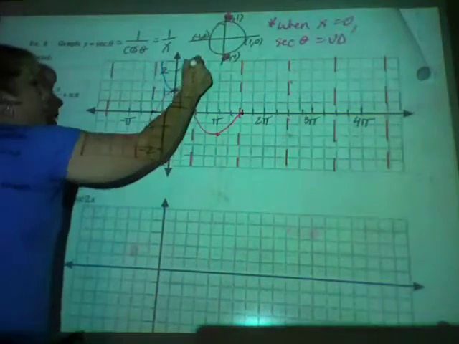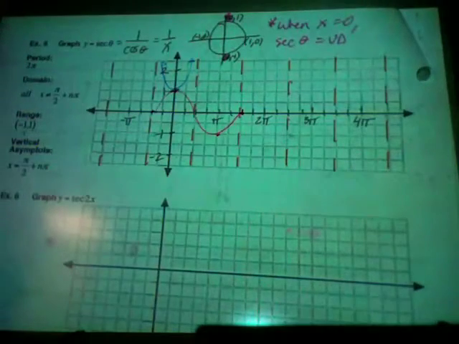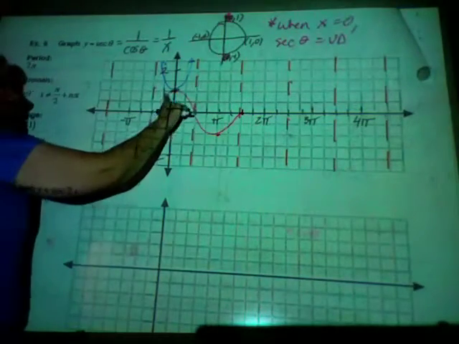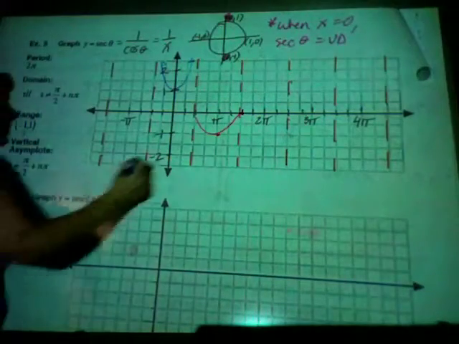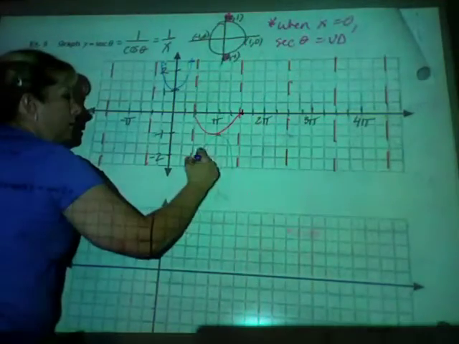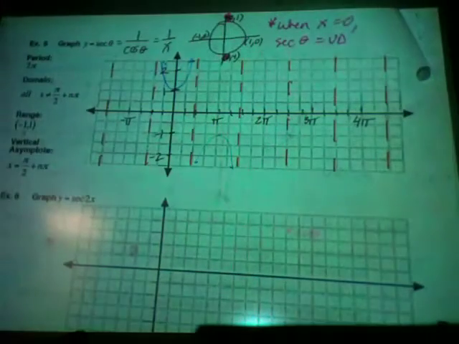Just like the last one did, but it flips up in a different place, doesn't it? And so this one goes away. And then this one does what? Flips down. And then that goes away. So it looks very similar to the cosecant one, right? It's like it's horizontally translated, right?